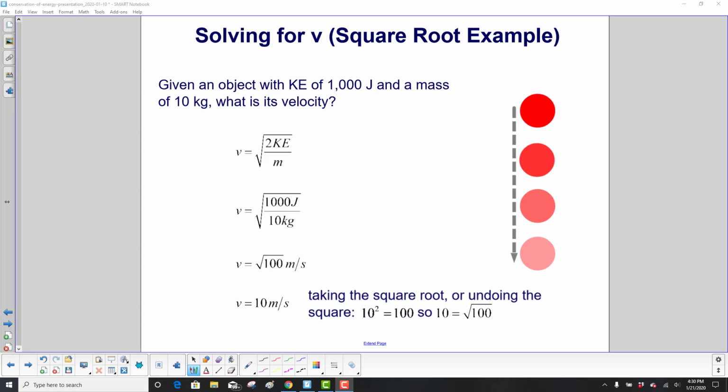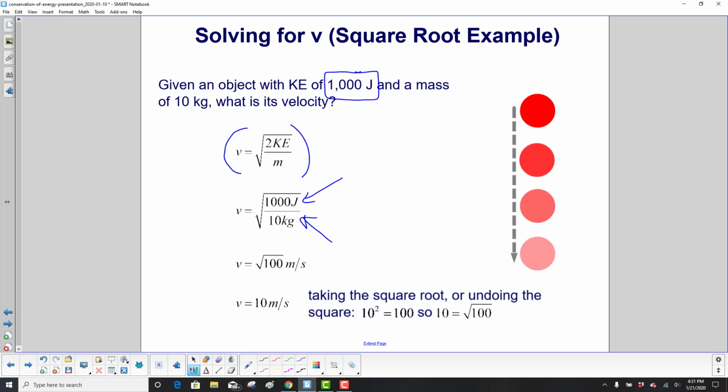Let's do an example. We have an object with a kinetic energy of 1,000 joules and a mass of 10 kilograms. What is its velocity? We have our equation here: v is the square root of 2KE over m. Substitute in kinetic energy and the mass. Divide 1,000 by 10 and we get 100. The units will be meters per second outside the square root sign.